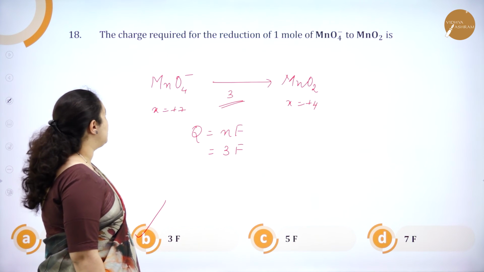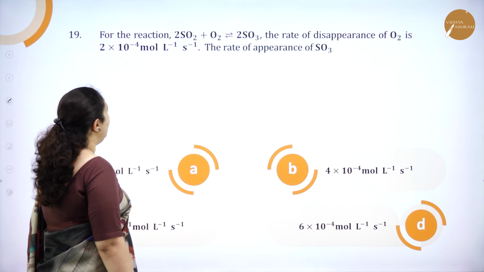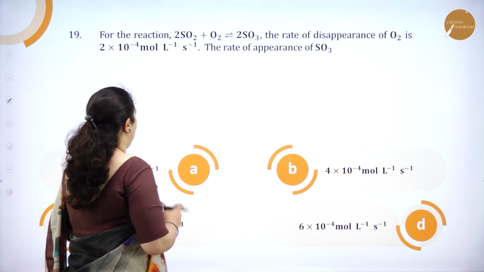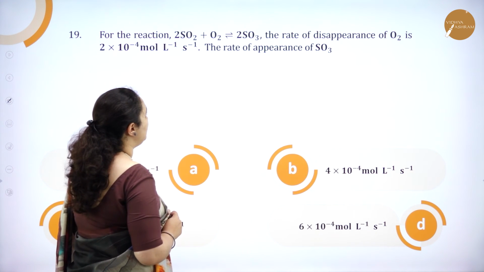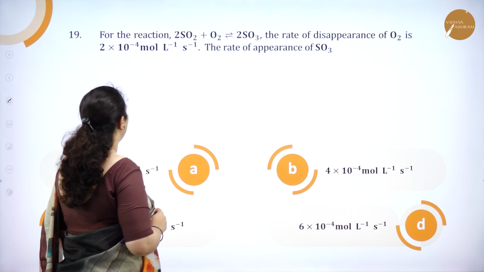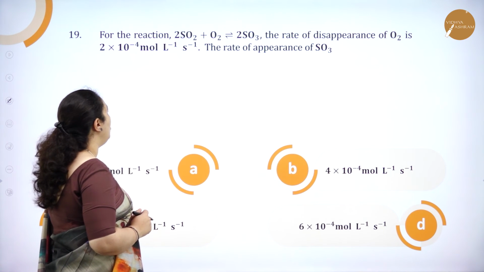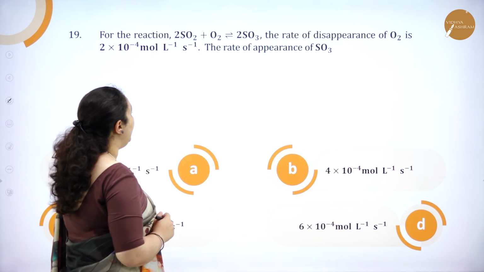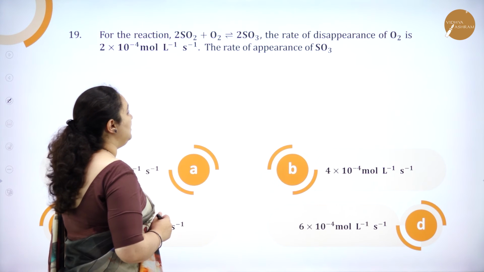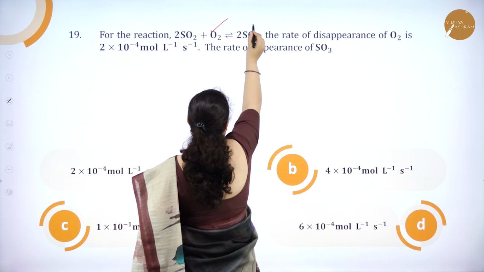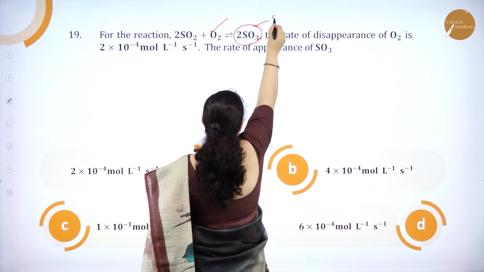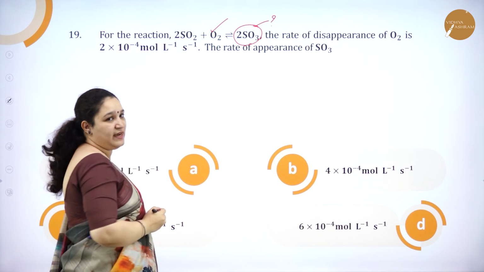Okay. Next question. For the reaction 2SO2 + O2 giving 2SO3, the rate of disappearance of oxygen is 2 × 10^-4 mole per liter per second. The rate of appearance of sulfur trioxide is... They have given the rate of disappearance of oxygen. You are supposed to find the rate of appearance of sulfur trioxide.